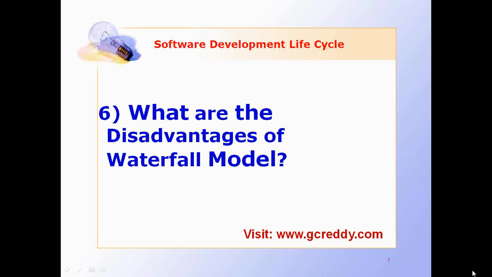Next, third one, poor model for complex and object-oriented projects. Next, fourth one, poor model for long and ongoing projects. Next, fifth one, poor model where requirements are at a moderate to high risk of changing.